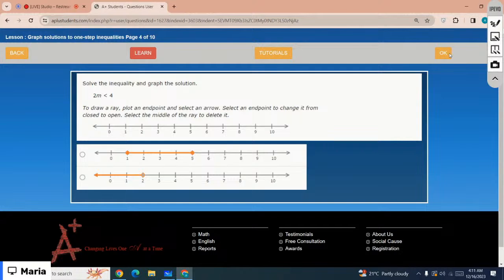So, which is the correct option? Which is the correct one, 1 or 2? m is less than 2. That means all the numbers that are less than 2, any number that is less than 2 can be the solution of the inequality.